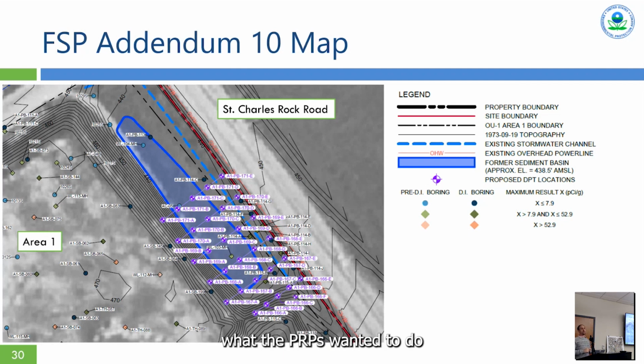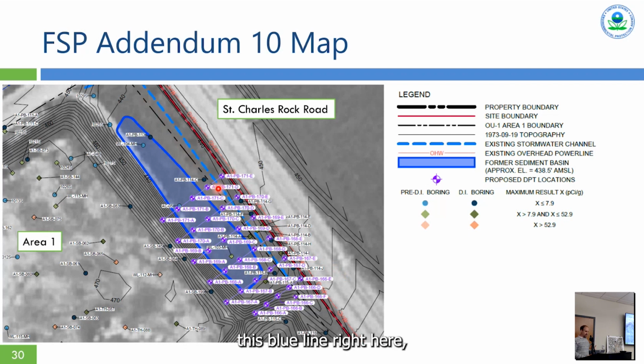What the PRPs wanted to do is one final delineation of this area so that they could find those final cut lines and confirm that excavation at the same time. So after this is done, we will have a proposal in the design of where they will dig to remove the impacted rim.